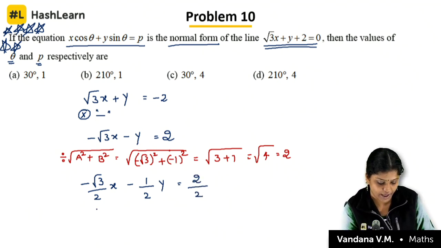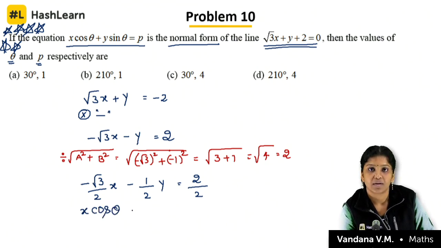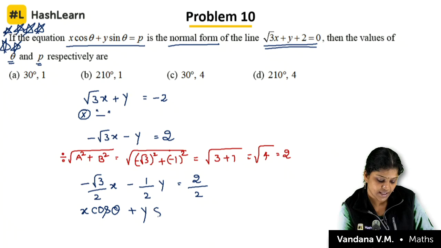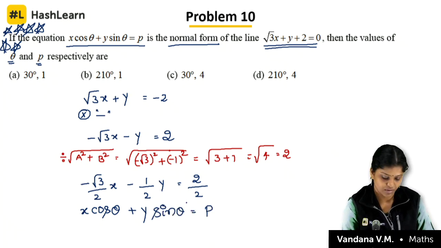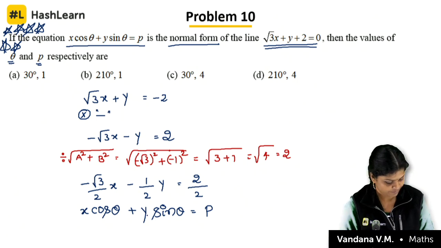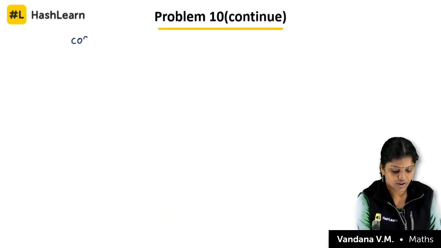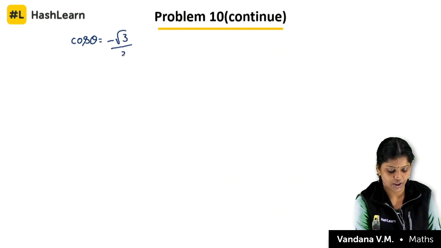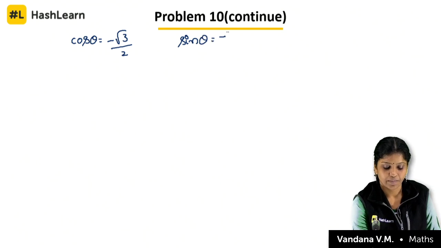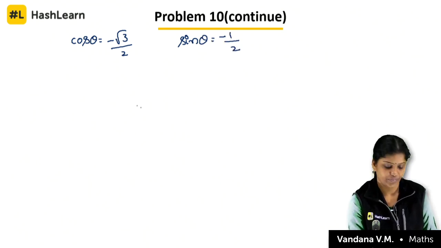Compare this with the standard format, x cos theta plus y sin theta is equal to p. So, how much did I get? Cos theta is equal to minus root 3 by 2, sin theta is equal to minus 1 by 2.